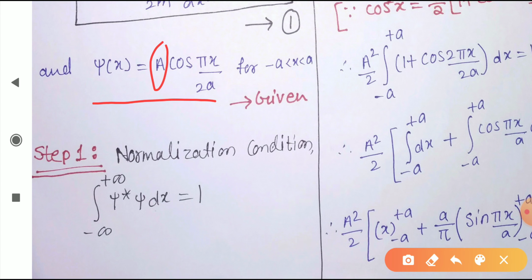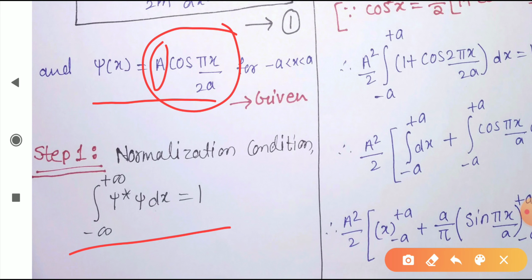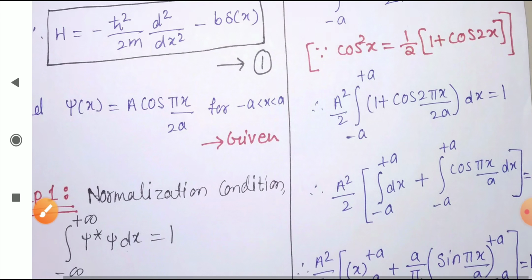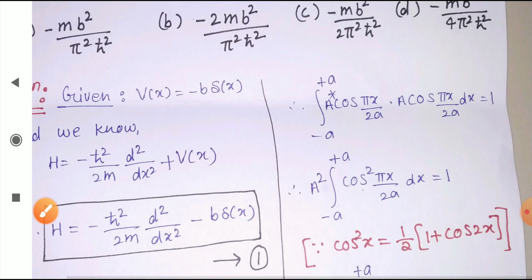The normalization condition is the integration from minus infinity to plus infinity of psi star into psi dx, which equals 1. As you can see, we don't have any complex variable, so we'll write this as it is at both places. That means we'll write this as 2 times here.